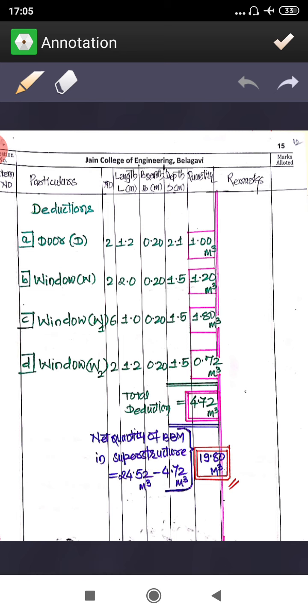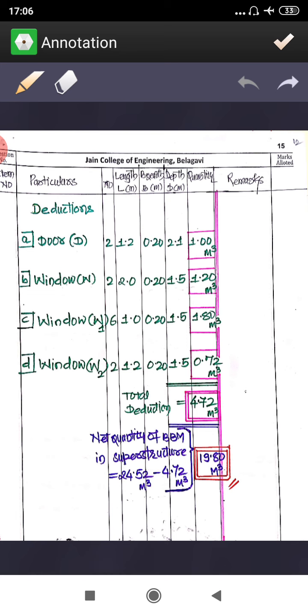Window W1, six numbers, 1 into 0.2 into 1.5, so it is 1.80 meter cube. W2, two numbers of windows, the size is 1.2 into 0.2 into 1.5, so you'll be having 0.72 meter cube. So the total deduction, if you add these, is 4.72 meter cube.